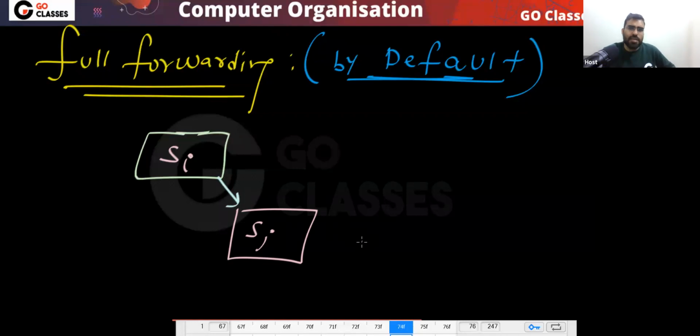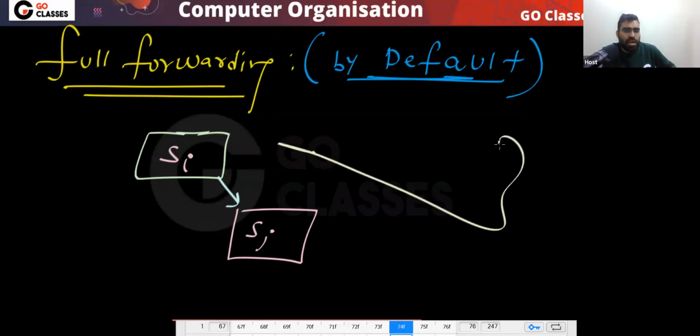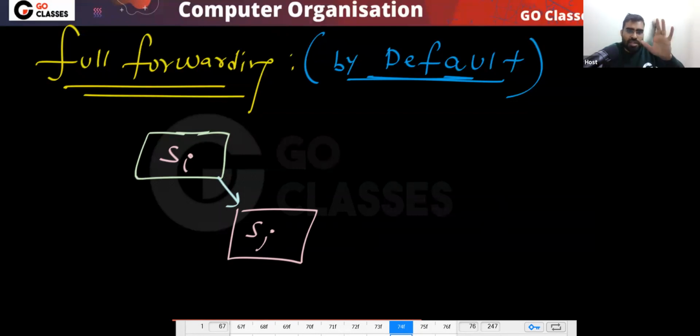Full forwarding means you can forward from anywhere to anywhere, but you cannot time travel. Forwarding is not the same as time travel, did you notice? Forwarding simply means that if the value is already available somewhere, you can send it to where it is needed.